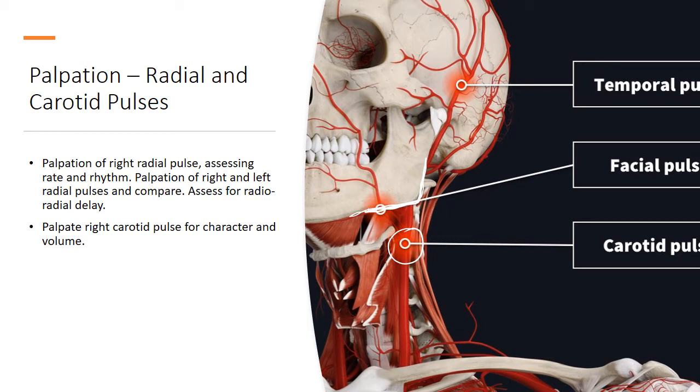So we have the common carotid traveling up here and around just below the angle of mandible is where it bifurcates, and it becomes the internal and external carotid arteries. So that's the best place to palpate. It's also the best place to auscultate it when we use our stethoscopes later on in the examination.